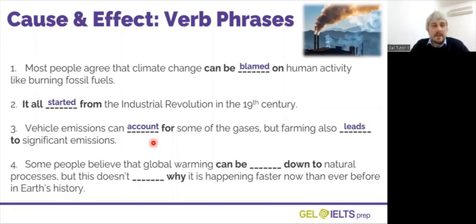Sentence number 4. "Some people believe that global warming can be [blank] down to natural processes, but this doesn't [blank] why it's happening faster now than ever before in Earth's history." Look at the next question below the video and choose the correct options to complete sentence number 4.